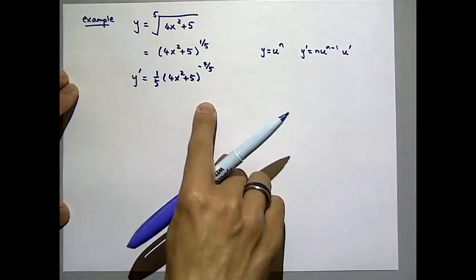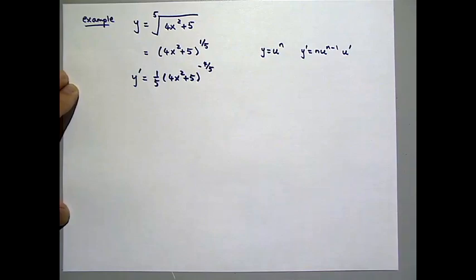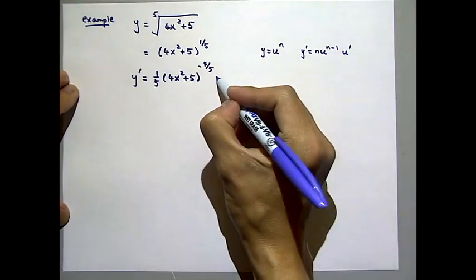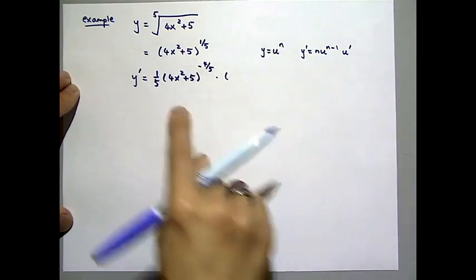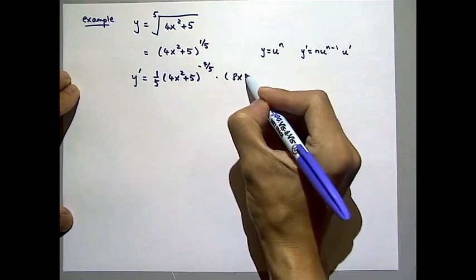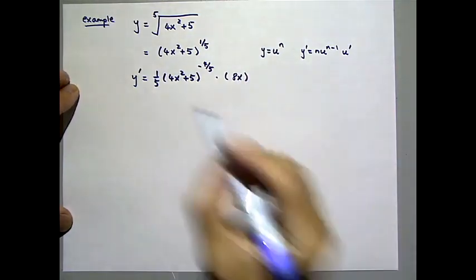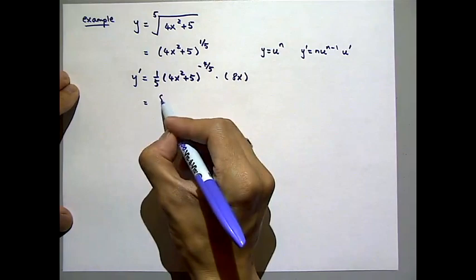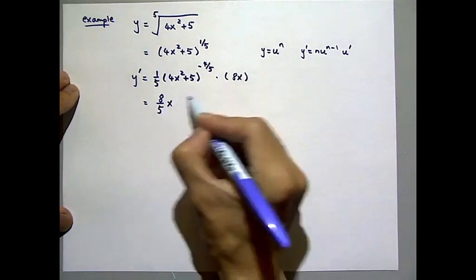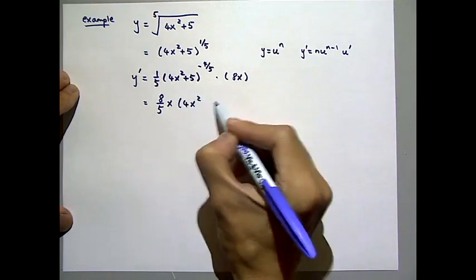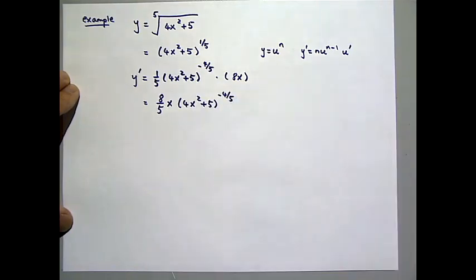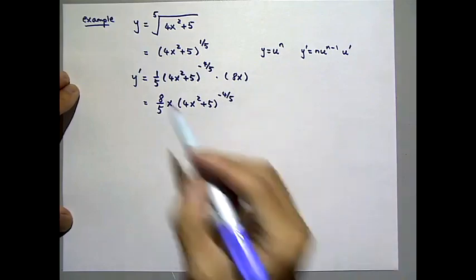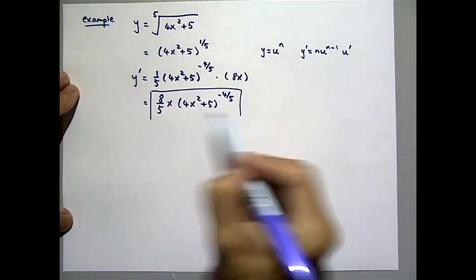So we pretended 4x squared plus 5 is just an x, and we got this thing. And now we have to account for the fact that it's not just an x. And therefore, we multiply by the derivative of this, and we get 8x. Okay, so that's the derivative.